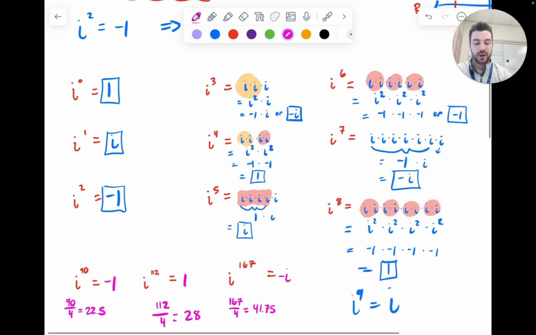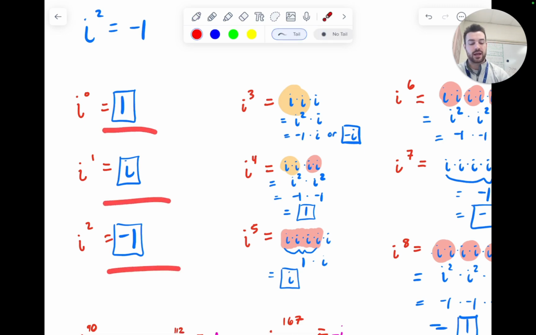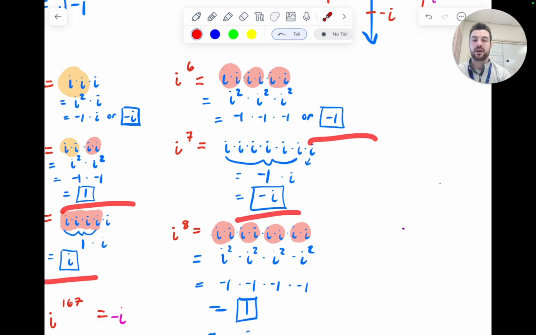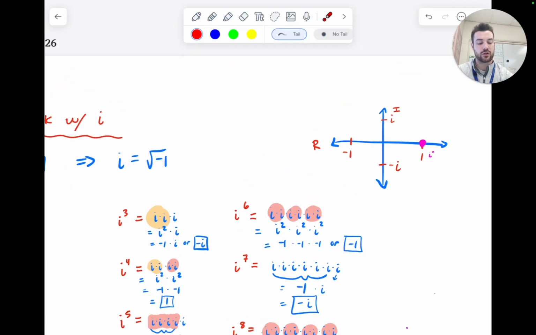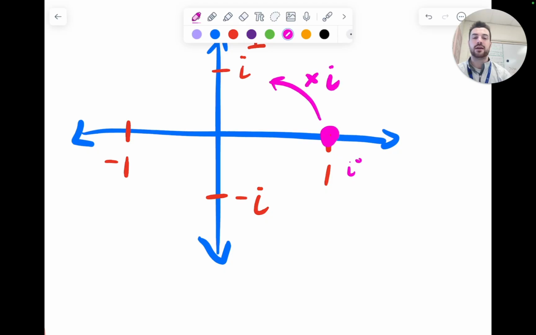So the powers of i are just going to cycle between 1, i, -1, and -i. Then the pattern repeats. And we'll just continue to circle around because, again, every time we are multiplying by i, we get a 90-degree rotation.